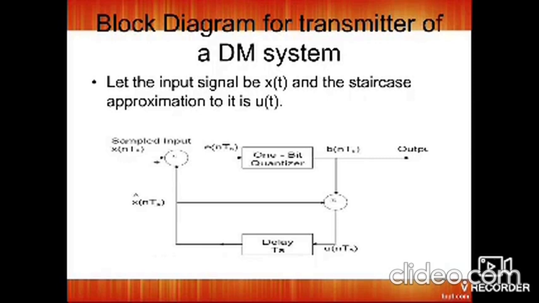The output b of nTs is given to a summer, and x cap of nTs is also given as the input of the summer. These two are added, and the added output is u of nTs, which is delayed by the time delay circuit Ts, and the delayed signal is again given as the input of the summer.